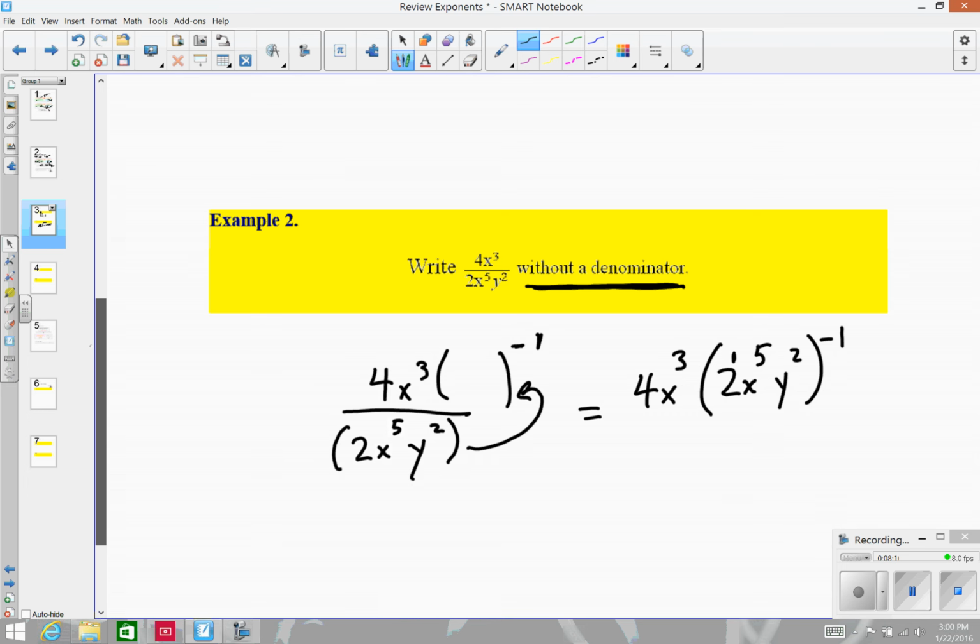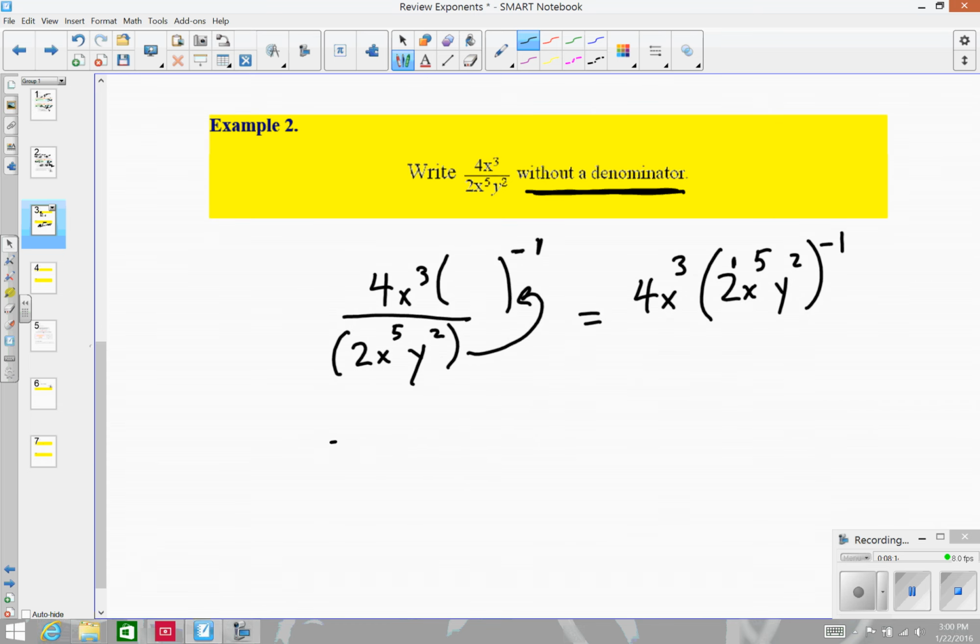So my 2 here, I'm just going to rewrite for now as having an exponent of 1. And see what happens now when I take everything in the parentheses and raise it to the negative 1 power. I multiply my exponents, so I'm going to have this times 2. 1 times negative 1 gives me negative 1. 5 times negative 1 gives me negative 5. 2 times negative 1 gives me negative 2.